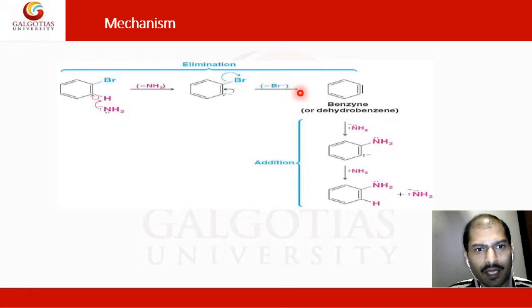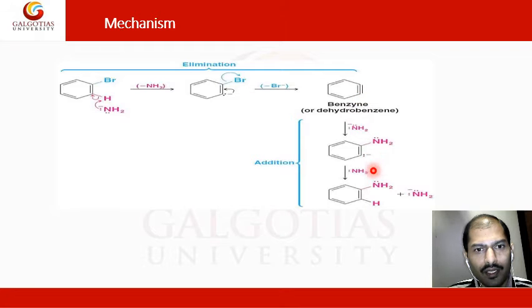How does this happen? The first step is an elimination reaction. You can see here the bromine is eliminated from the main substrate molecule, and after that the amino group is attached.